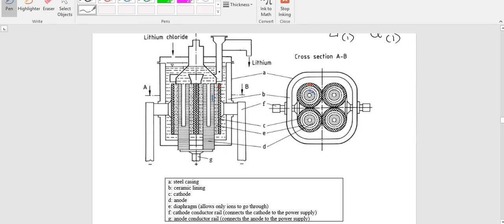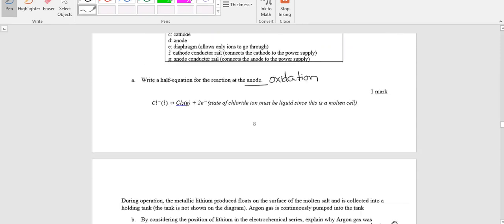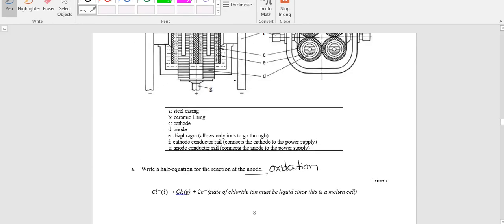The main reason why we need the diaphragm is because you need to separate the products of electrolysis. And this is a very, very important point for any industrial process that uses electrolysis to produce materials, because the products of electrolysis can react spontaneously with each other. If you don't separate them, they're going to be reformed into reactants, and that just defeats the purpose.